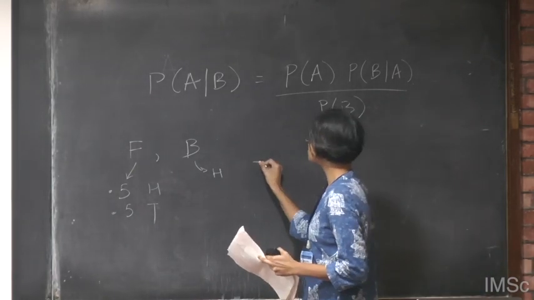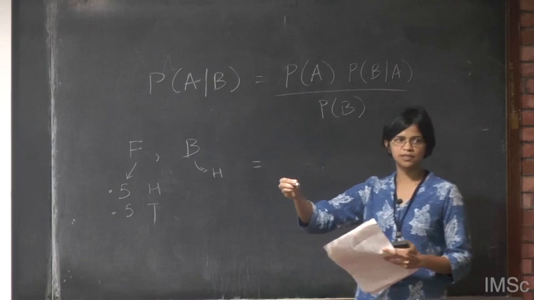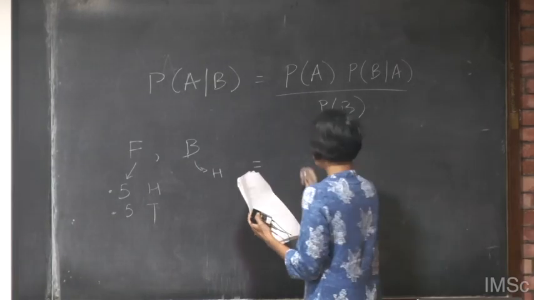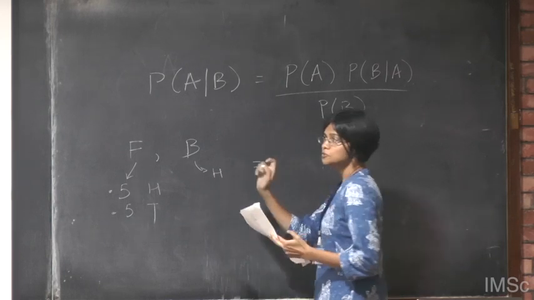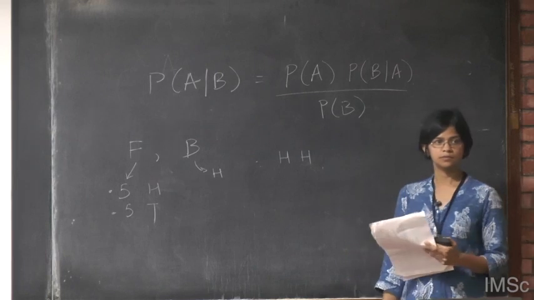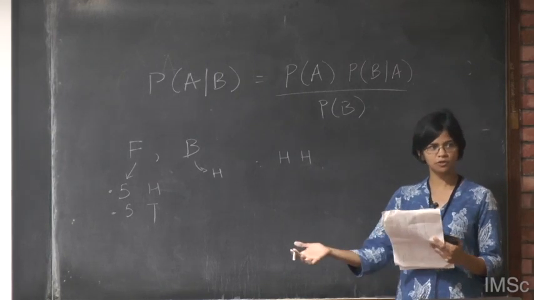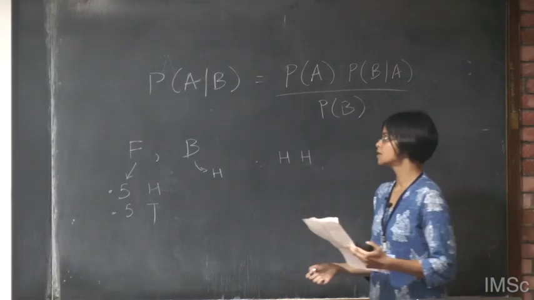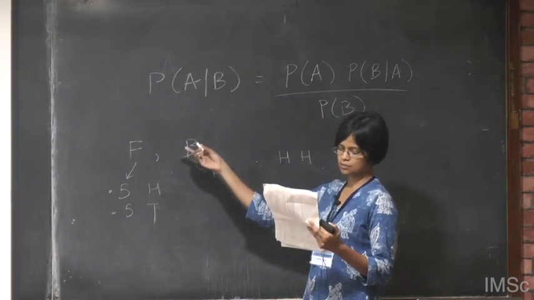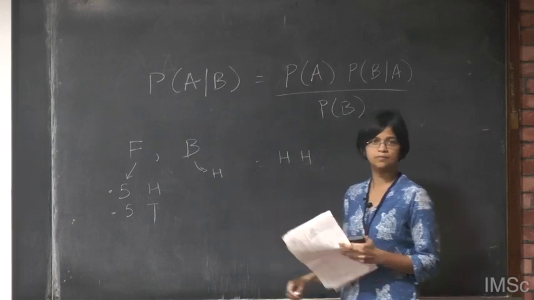So you chose one of these, you don't know which one it is, and you tossed it twice. Now you got two heads. Now you want to find out what is the probability that you chose a biased coin.